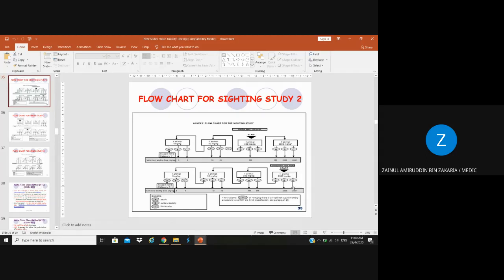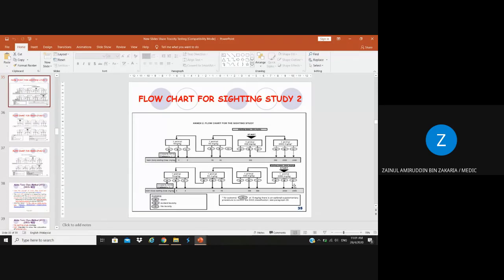If 5 of them did not kill the animal, then the compound is considered safe throughout the dose from 0 to 2000. So from your experiment, you can start to decide. Maybe you will use the highest dose 300, the second dose 150, and then the lowest dose is 75.